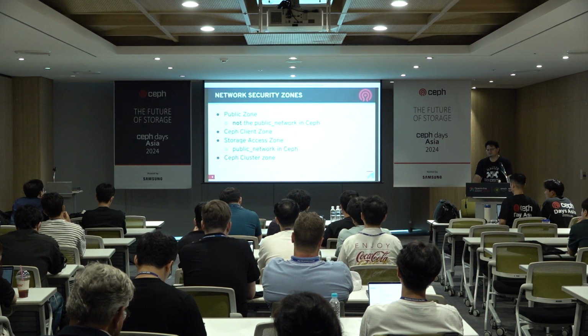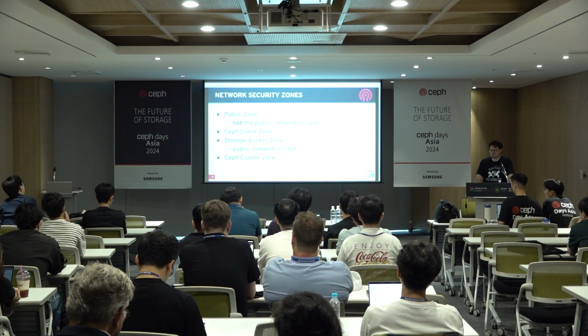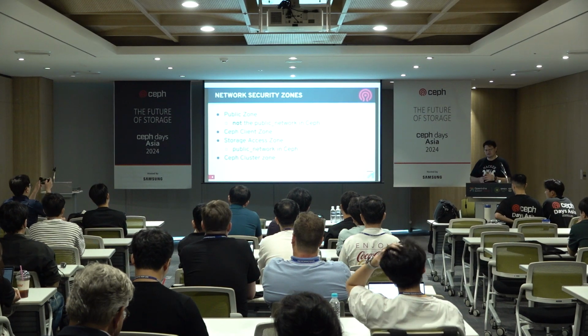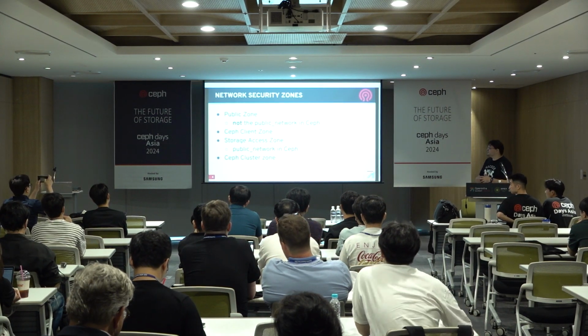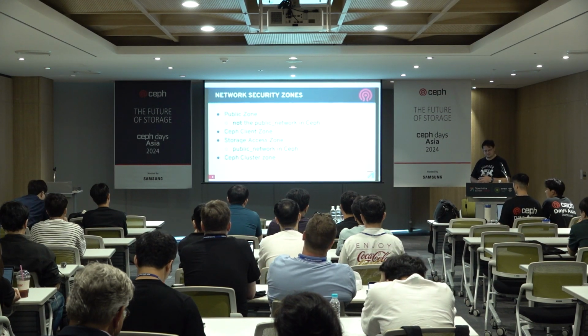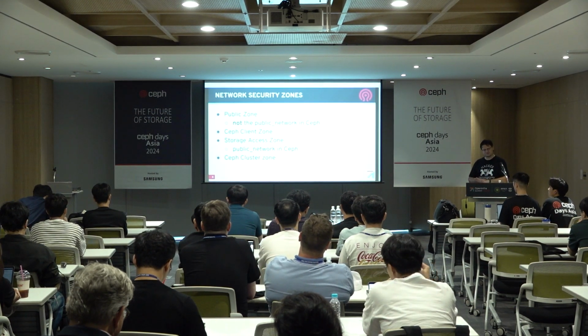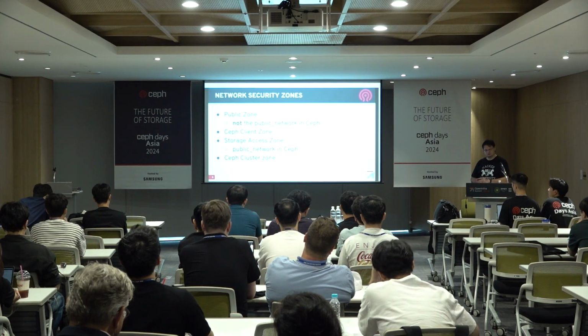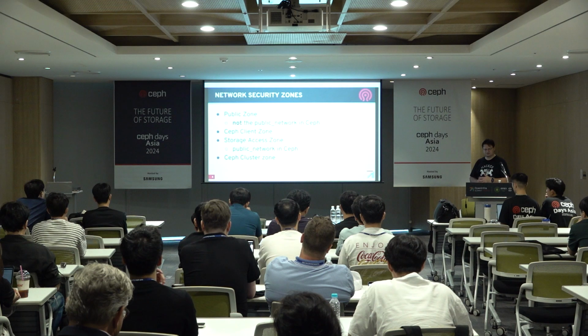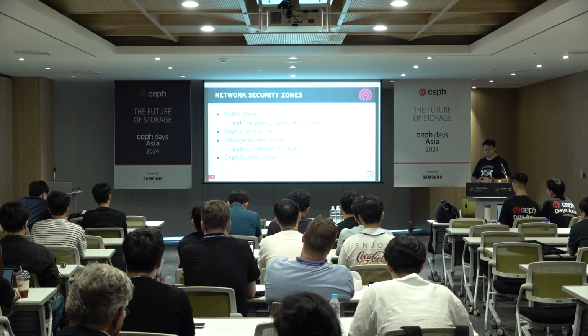So let's start from the network, since this is a distributed system after all. The public security zone is an entirely untrusted area of the cloud. These are the segments of the Ceph network in Ceph configuration. It could be the internet as a whole, or just a network external to your cluster that you have no control over.